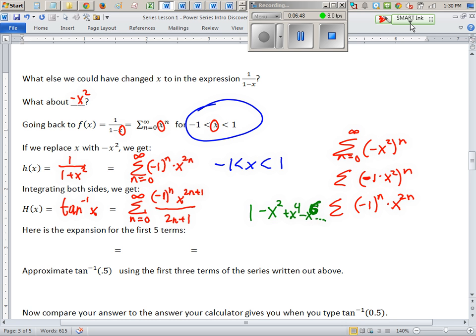So what this does is this creates the terms x minus 1/3 x cubed plus 1/5 x to the 5th, minus 1/7 x to the 7th. So I did all the terms at once. I just threw in an extra power there and put the new power on the bottom.